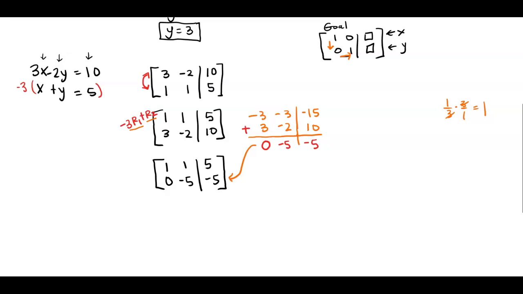And so that means on this next matrix, I'm only doing something to the bottom row, to row 2. And I'm going to take that row 2 and multiply it by -1/5. Because that is the reciprocal, right? -5, the reciprocal of that is still negative, but now it's 1/5.